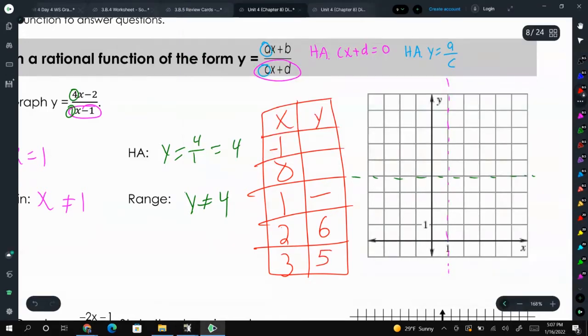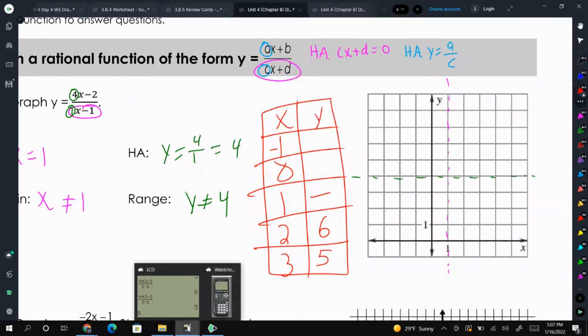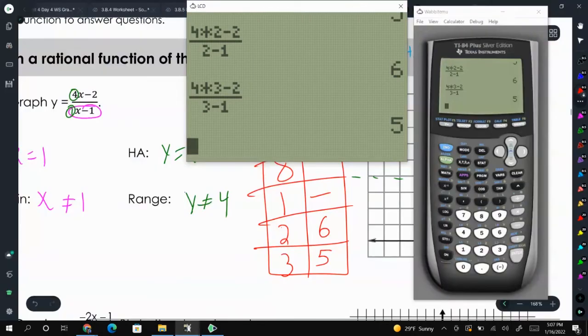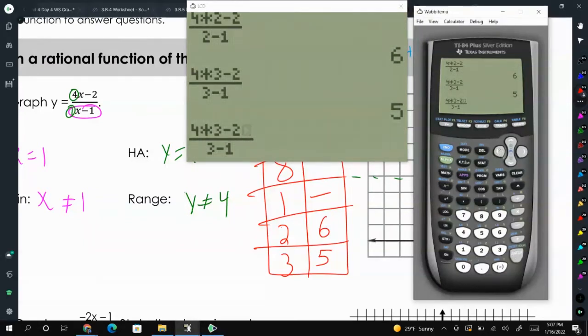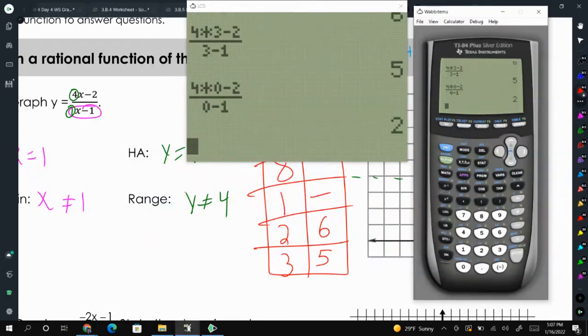We get 5. And if I plug in 0, I'm going to get 2, but I want to double check that just in case. Oops. It's 4 times 0 over 0 minus 1, 2.